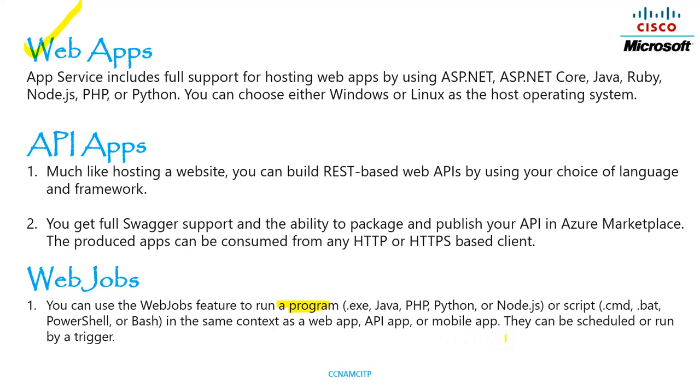So these are the three types of Azure App Services. Okay, the first one is web apps. You can use multiple languages. Here also you can build REST-based web API by using your choice of languages, and with the help of WebJobs you can run certain programs.